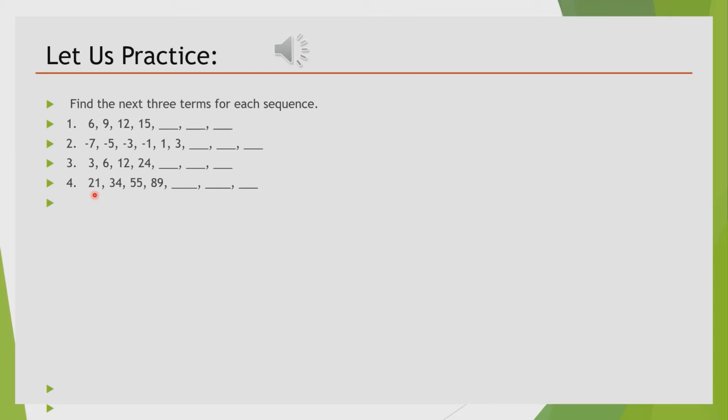For number 4, it says here 21, 34, 55, and 89. So they have no common difference. Okay? If you can see it, when you add 21 and 34, you get 55. If you add 34 and 55, you get 89. If you add 55 and 89, what do you think is the next term?